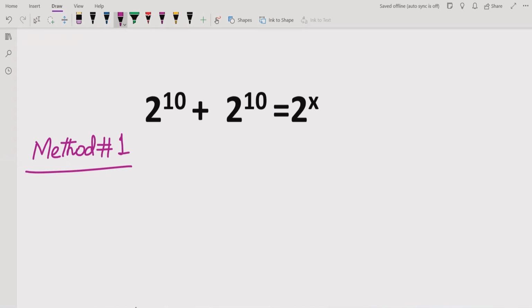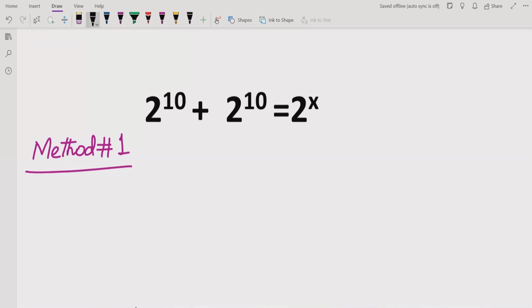Another method is the logarithm method, which we will apply here to find out whether the answer is the same using the logarithm method or not. Because we can apply multiple solutions here to find out the value of x, and all solutions have the same answer. So first we will apply the simplest method.